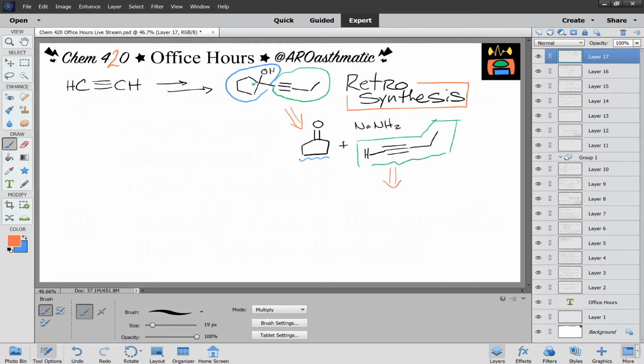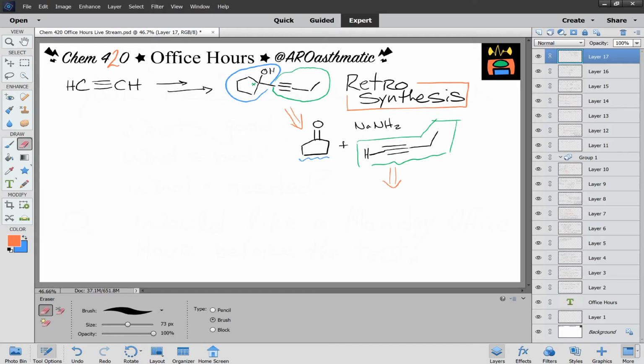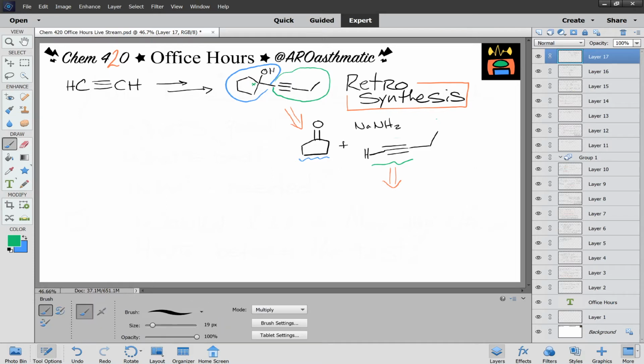Well, again, we know that we can turn a terminal alkyne into a nucleophile through deprotonation, so we can attach various R groups onto the alkyne. So I'm going to, again, divide this molecule into two halves. One half here being the alkyne, and the second half will be this R group.